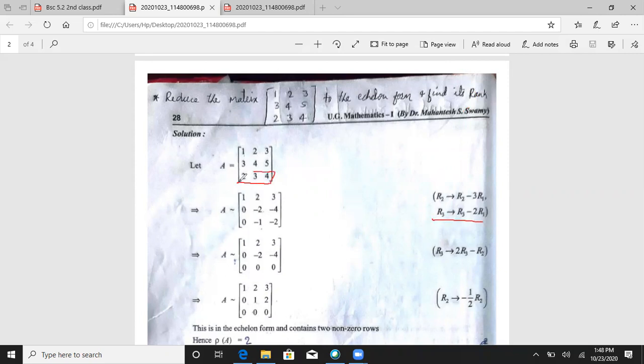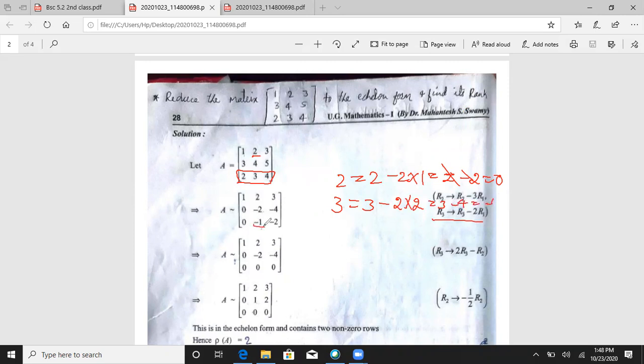R3 equals R3 minus 2R1 means 2 equals 2 minus 2 into 1, that is plus 2 minus 2, that is 0. Let's come to the second element, 3 equals 3 minus 2 into 2, that is 3 minus 4, that is minus 1.